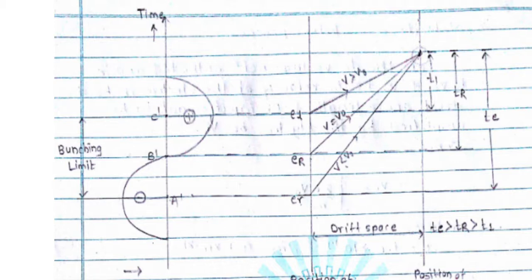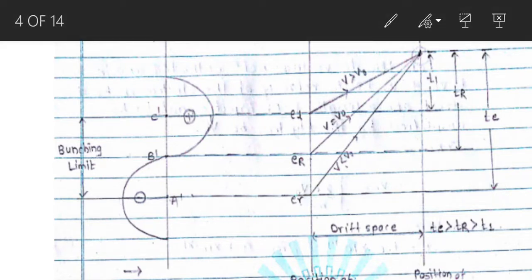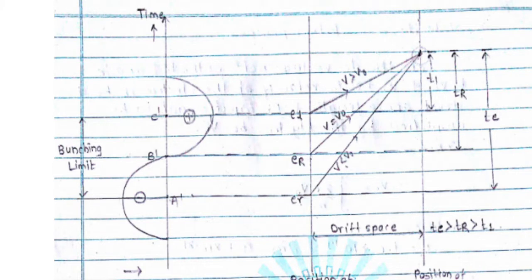So it is the reference one and it is the late one, so it will have more traveling time. So here, as shown in this time period, this is T, you can say T1 or TL, this is the reference time and this is the TE.